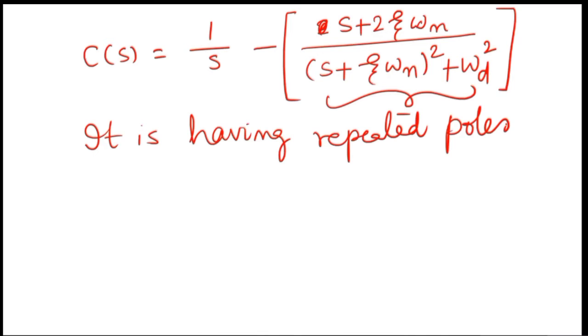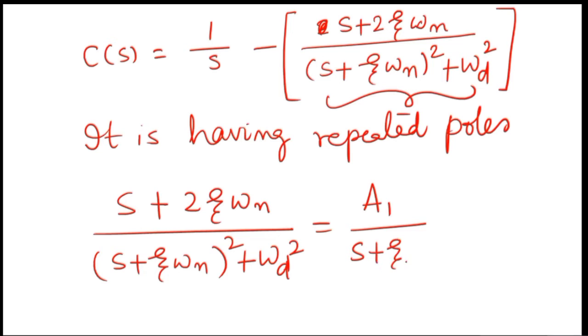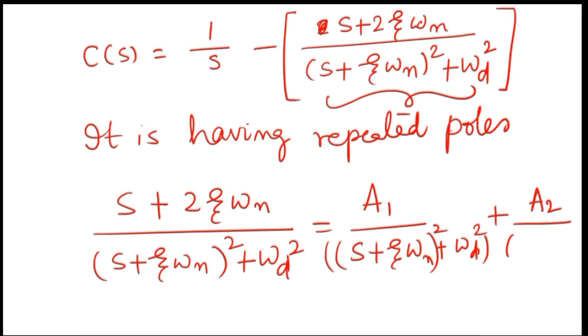So using Heaviside partial fraction expansion, s plus 2 zeta omega n by s plus zeta omega n whole square plus omega d square can be written as A1 by s plus zeta omega n plus A2 by s plus zeta omega n whole square plus omega d square.